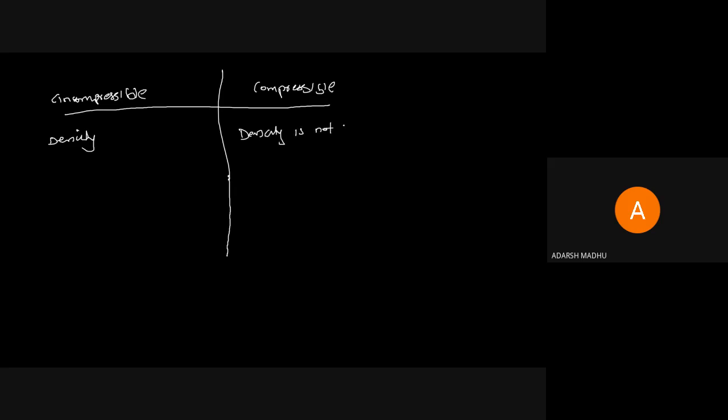Incompressible fluids are fluids whose density is constant. Just the opposite, for a compressible fluid, density is not constant.